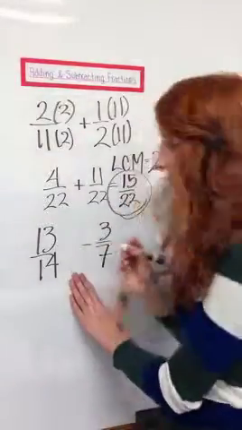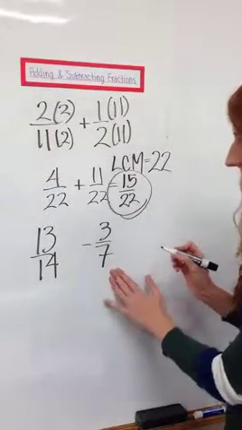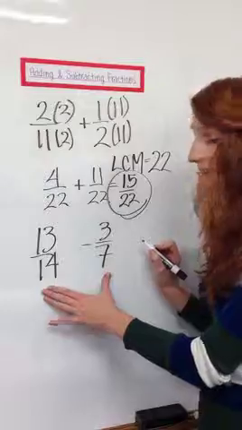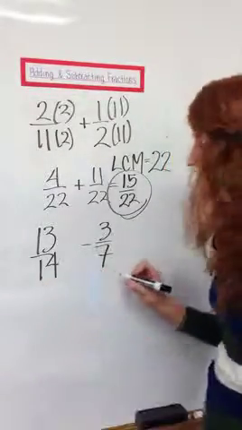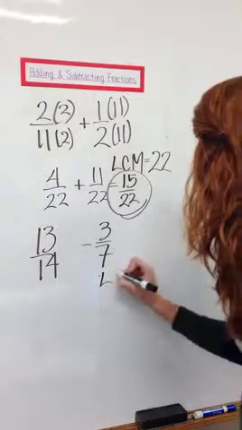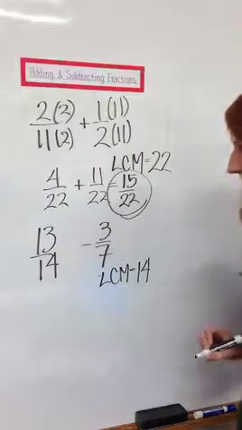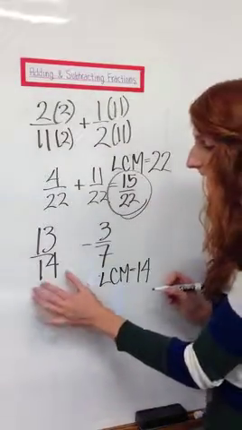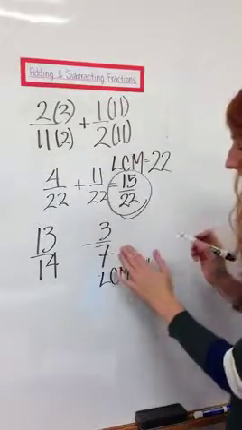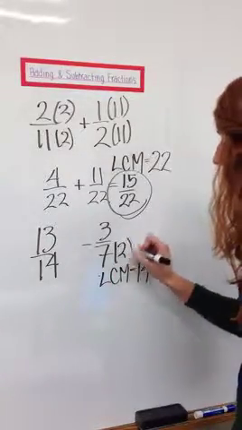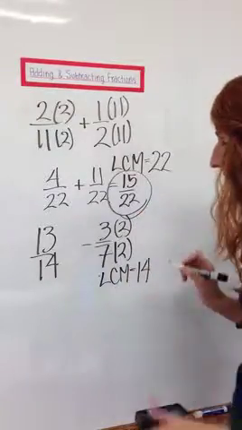Now we'll do the subtraction problem. 13/14 minus 3/7. The denominators aren't the same. We need to get a common denominator, and to do that we'll use the least common multiple. So our least common multiple in this case is equal to 14. Our first fraction, we already have 14 in the denominator, so we don't touch this one. And the 7, we need to multiply by 2, and we have to do that to the numerator as well to keep it equal.